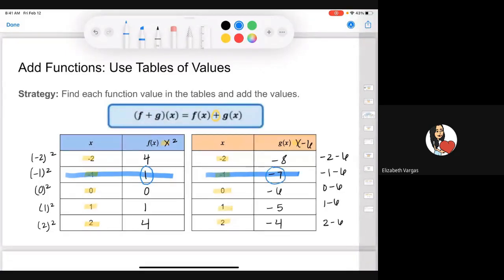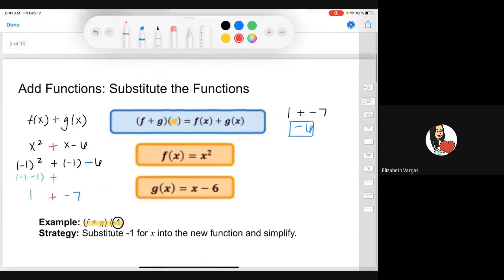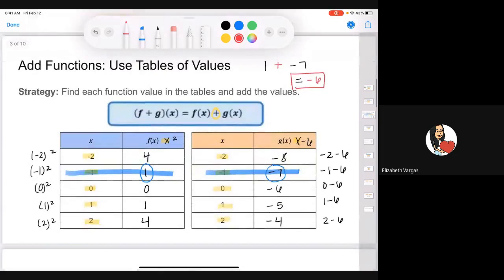If I add those together, 1 plus -7, I will get -6, which is what I got before. So this is just another way to go about solving that type of equation.